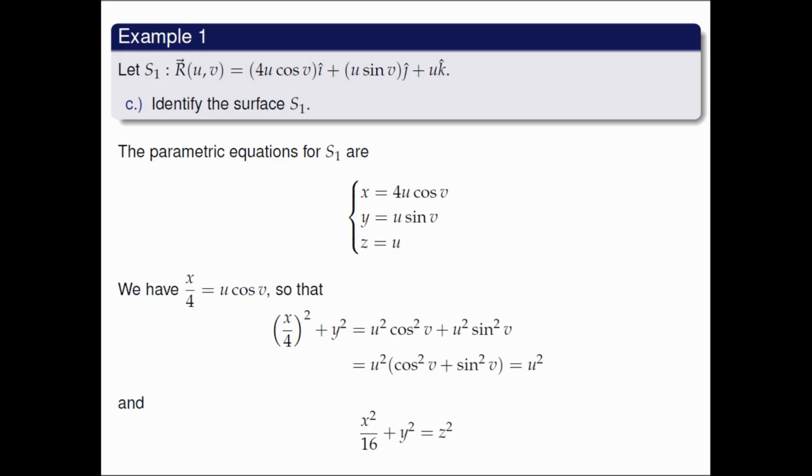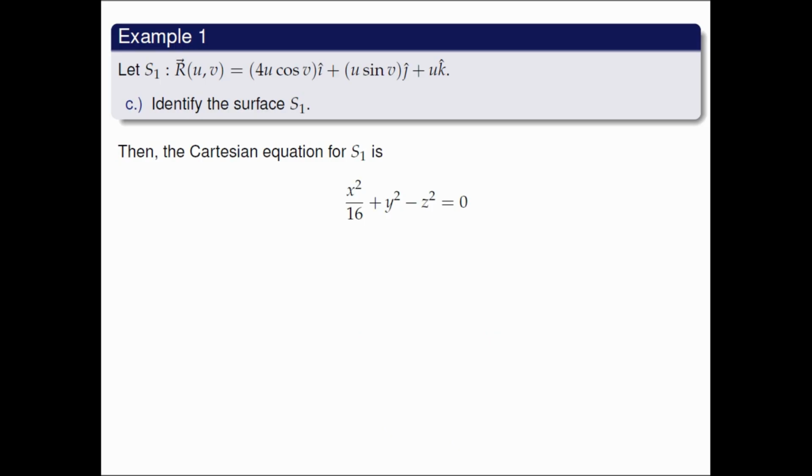Hence, x squared over 16 plus y squared equals z squared. Pwede rin nating isulat to as x squared over 16 plus y squared minus z squared equals 0. So the Cartesian equation, we can write this as x squared over 16 plus y squared minus z squared equals 0. This is an elliptic cone. So tapos na tayo sa example na to.